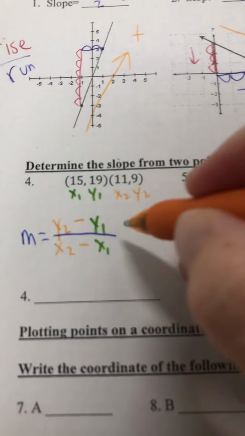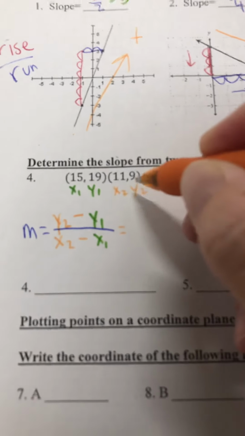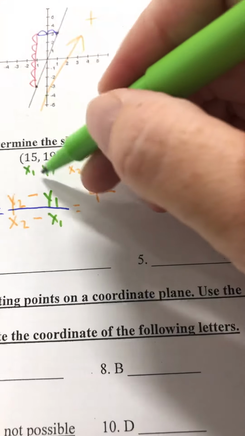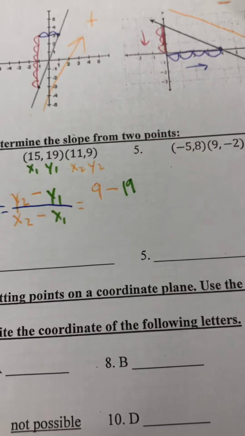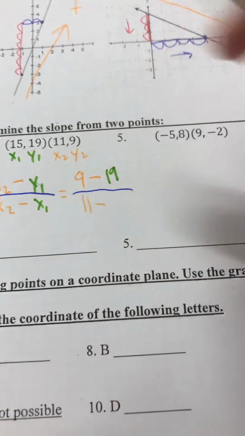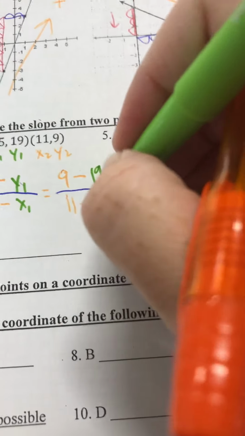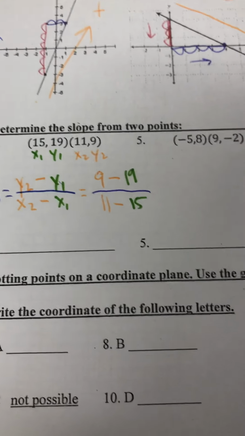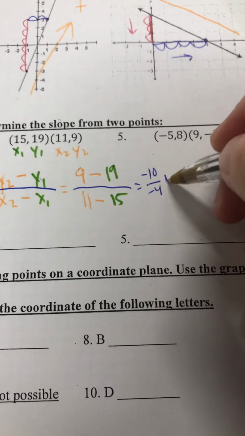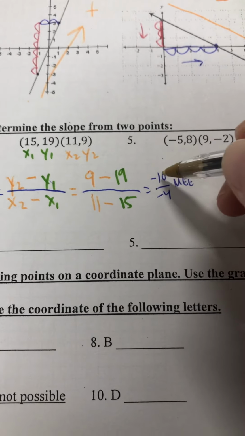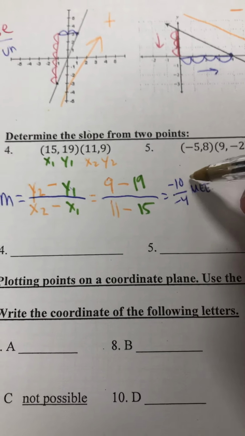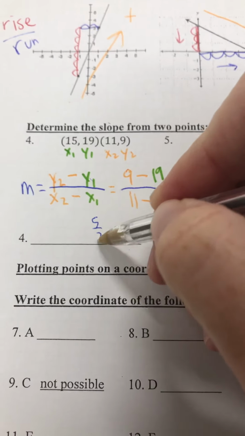In this particular problem, y2 is 9 minus my y1, which is 19, over my x2, 11, minus, right here I see 15. So you have to go in order. When I put this in my calculator, I get -10 over -4. If you have a graphing calculator, you can do -10 divided by -4, math, enter. Or you could divide by -2 on both of those and get 5/2.